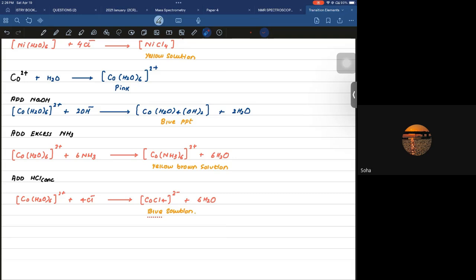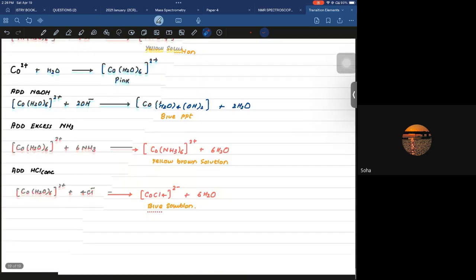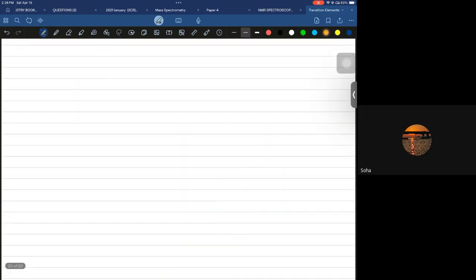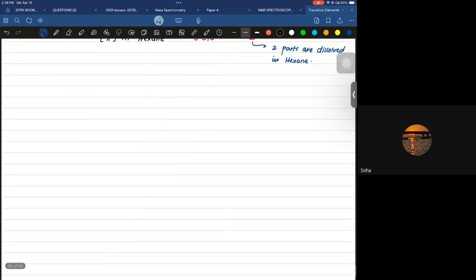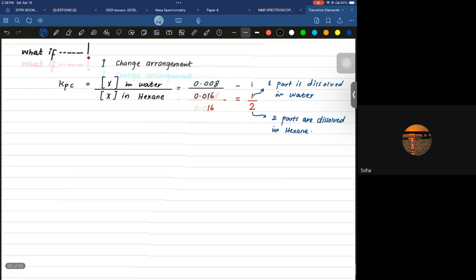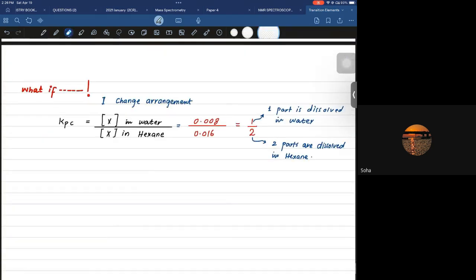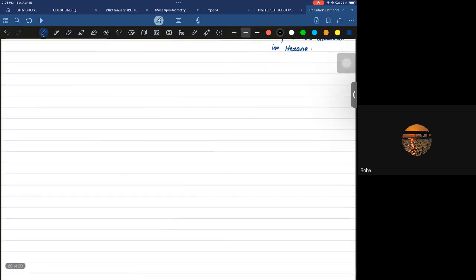Then after that we have zinc 2+. If you are going to add water, you will see that it would be forming this.